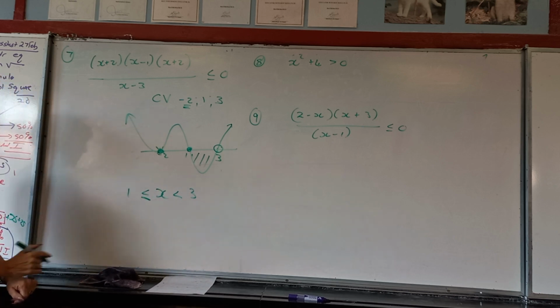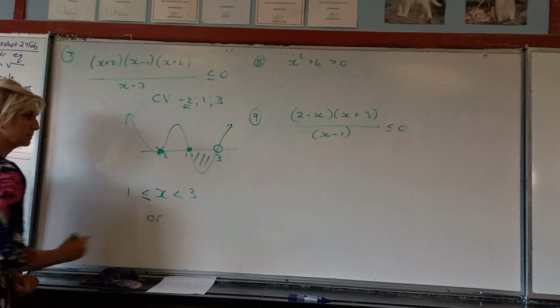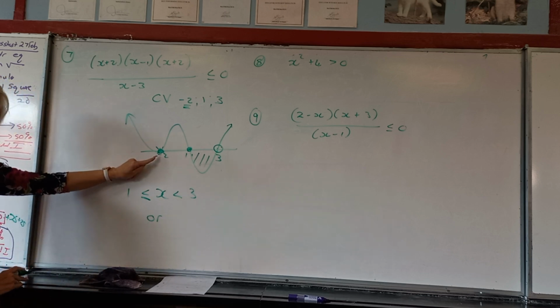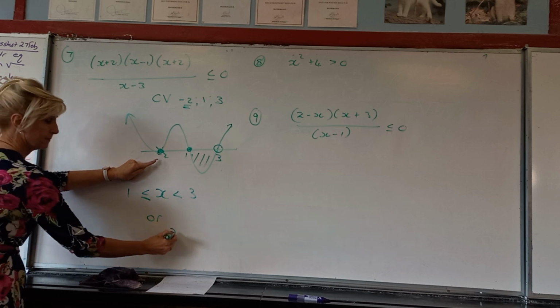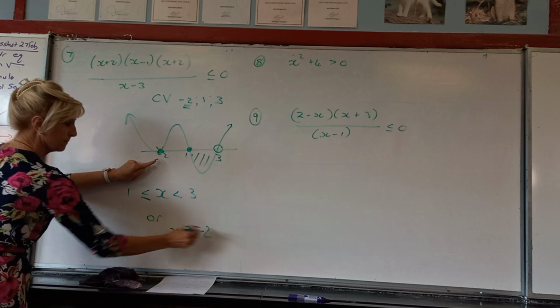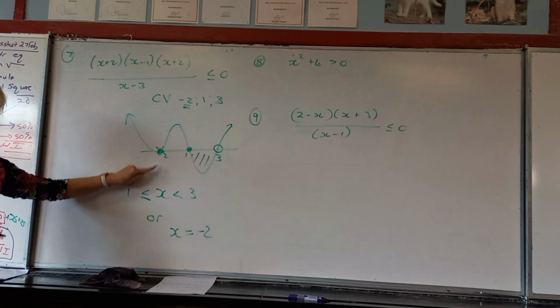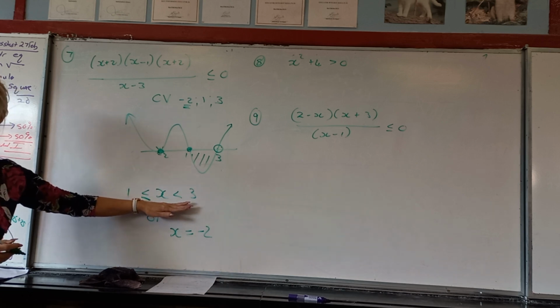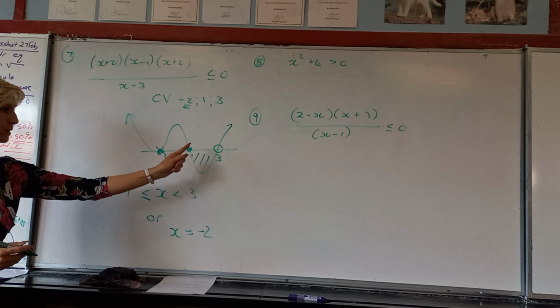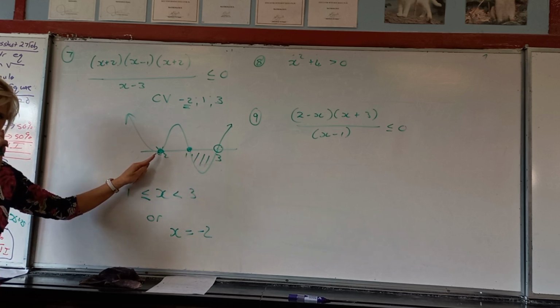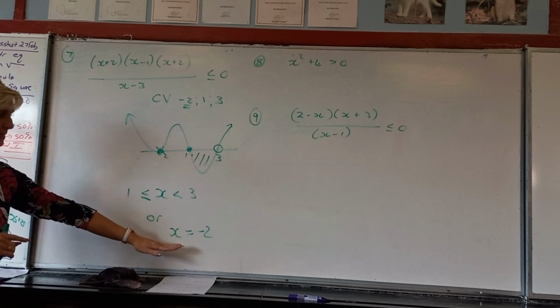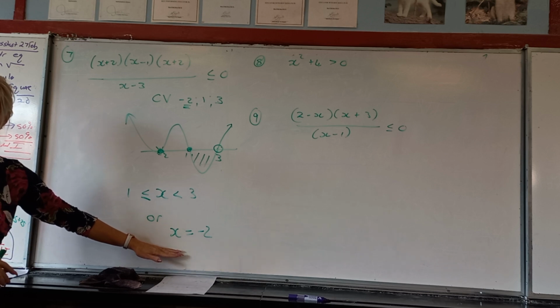What? Yeah, or? Or? Specifically just that one little answer. There's hundreds and millions and trillions of answers there between those two. But here's one specific answer as well, and you might have missed it.